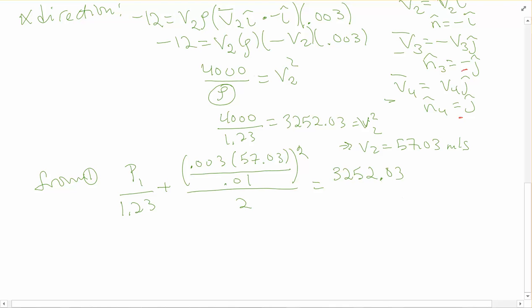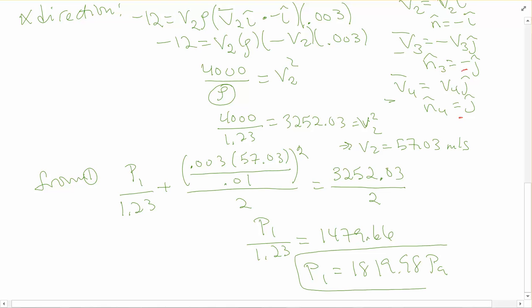So that's the 3252.03 over 2. And if we do the simplifications, we get that the pressure at point 1 over 1.23 is equal to 1,479.66. So the pressure at section 1 will be 1,819.98 pascals. And that will be your pressure read by the gauge.